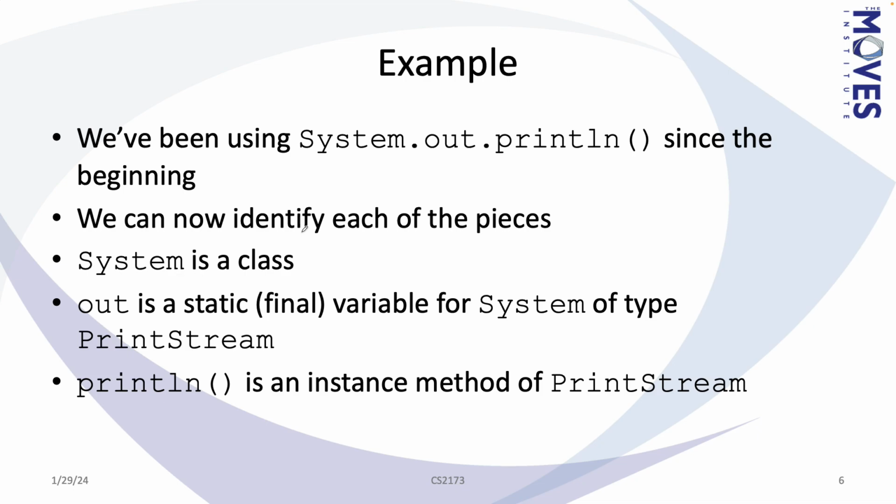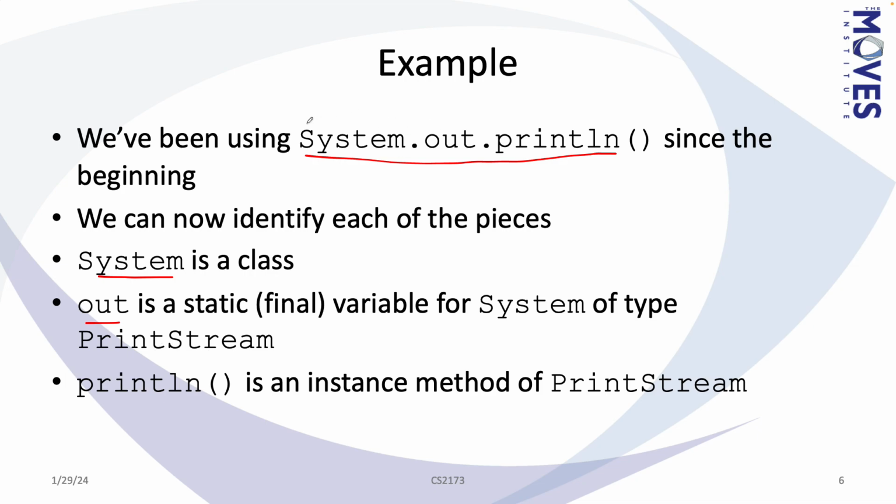And just to circle all the way back to day one, if you remember, one of the first things that we wrote in Hello World was System.out.println. So why all this stuff? Why not just say print or println? Well, here are all the different pieces. System is a class. Now we know that out is a static final variable of System, and it turns out to be of type PrintStream.